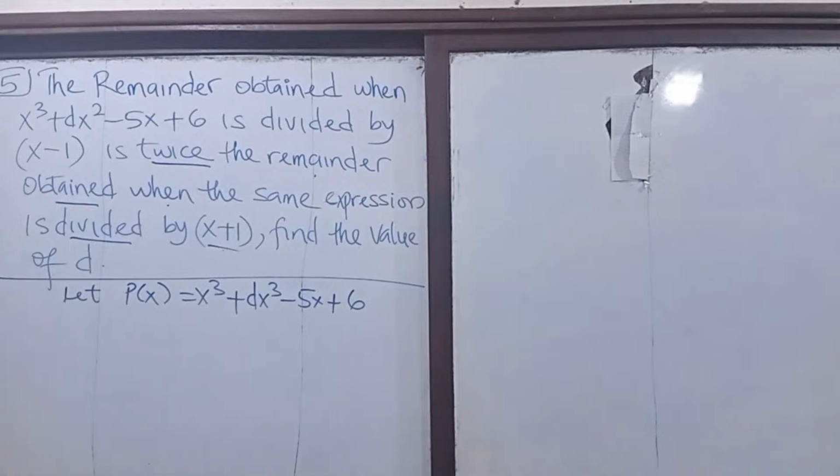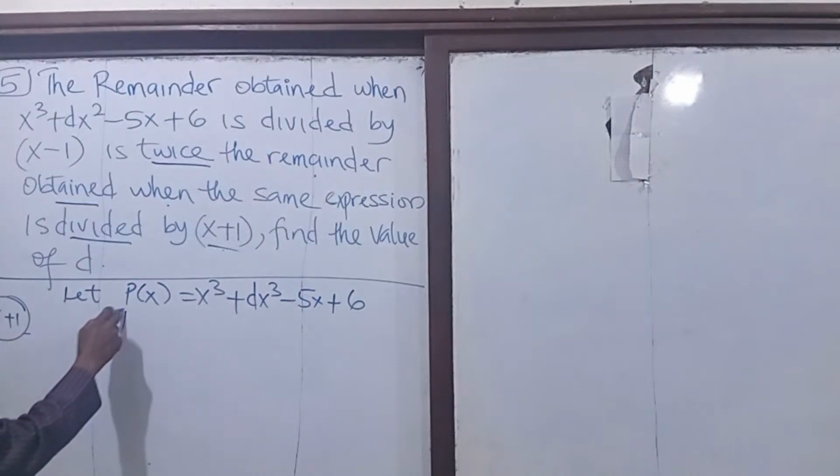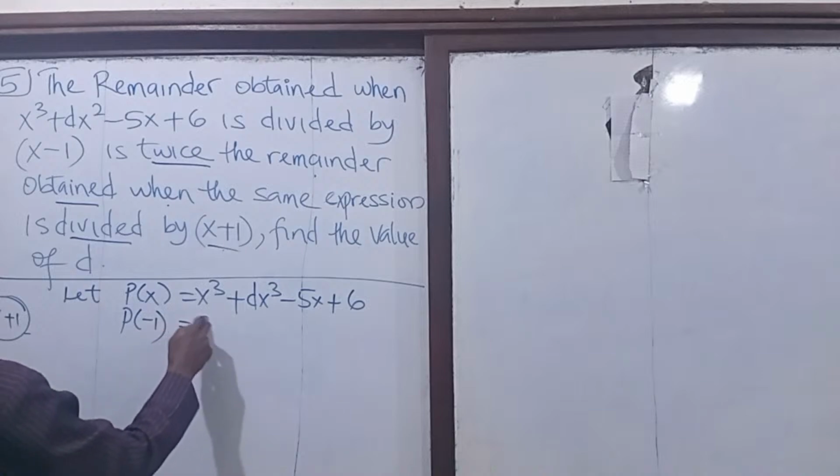Now, can we get the other one when it's divided by x plus 1? When it's divided by this factor, the root will be what? Minus 1. So we're going to have p of minus 1 equal to the remainder. Let's get that.